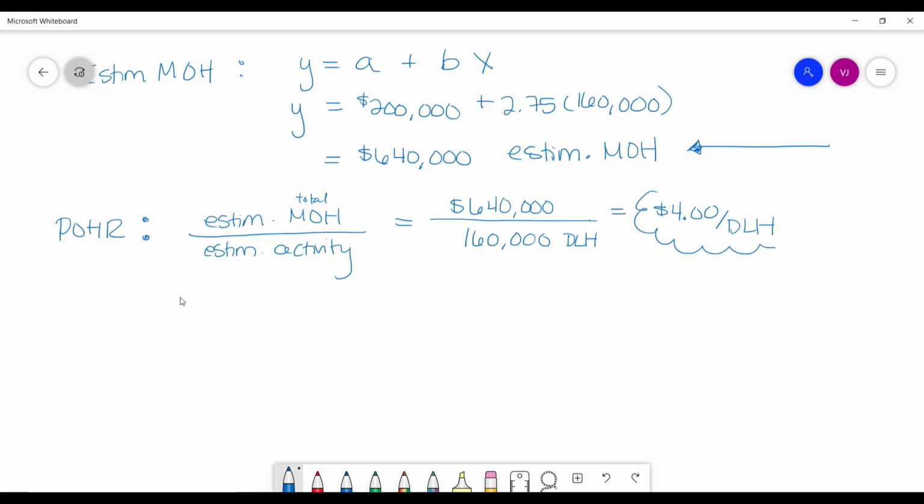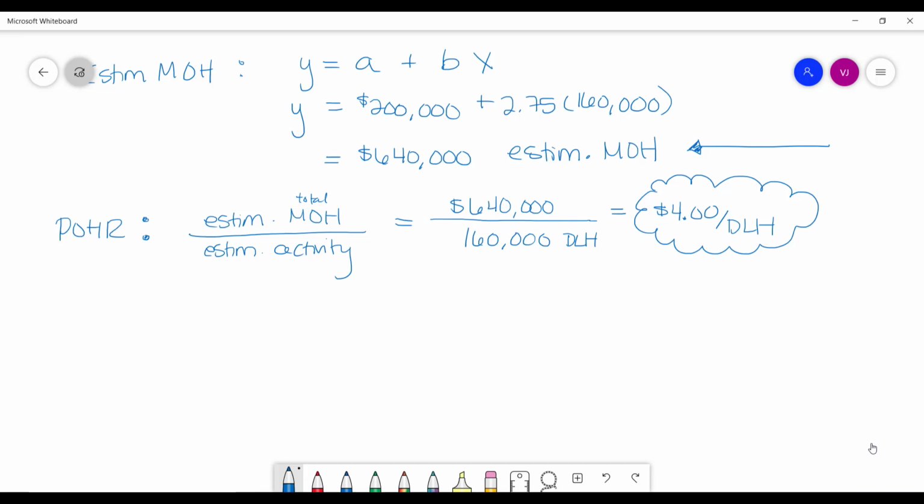And this right here is what you will use to allocate a portion of that $640,000 to a job, okay? And that would be that third element, because remember, a job will have direct materials and direct labor traced to it, but it needs to have the manufacturing overhead allocated to it.